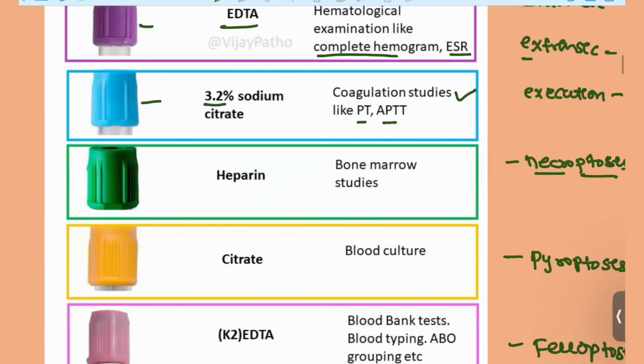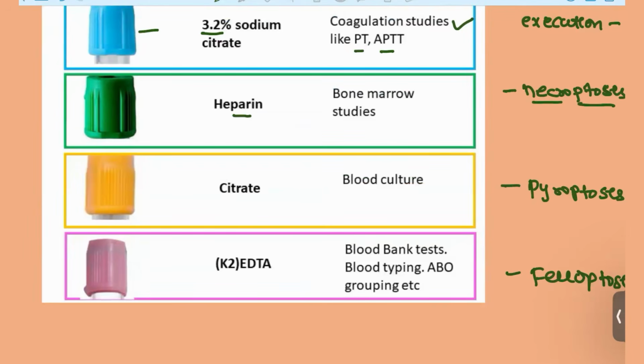Next, green tube contains heparin, used for bone marrow studies. Yellow contains citrate, used for blood culture and blood bank purposes. Light pink contains K2 EDTA, used for blood bank tests like ABO group, but nowadays this is not usually used. The yellow tube is used for the blood bank also.